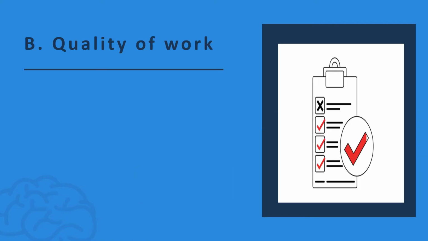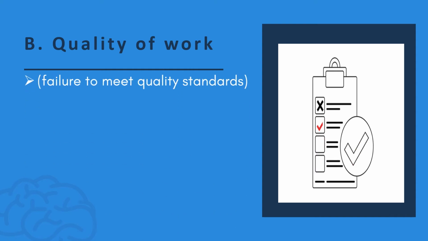The second type of work-related errors is the quality of work. It will happen if there will be a failure to meet quality standards.